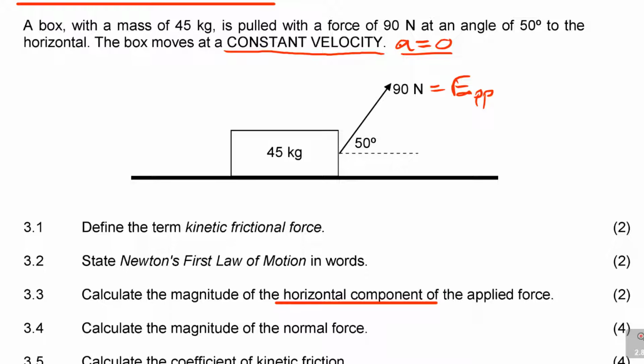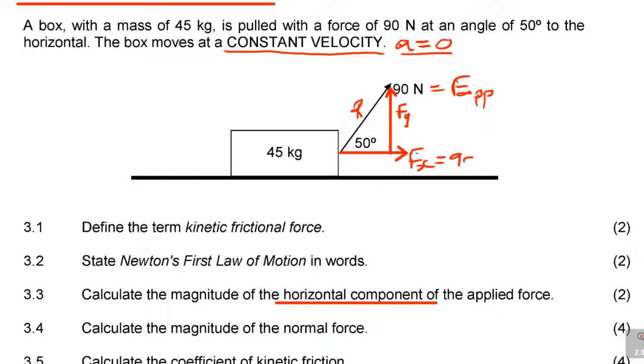Now look, when you are given this diagram, when you're resolving, this is vertical and that is horizontal. The horizontal we call Fx, and the vertical we call Fy. Now remember, Fx is linked to cos. So it is r cos that. But what is your r?